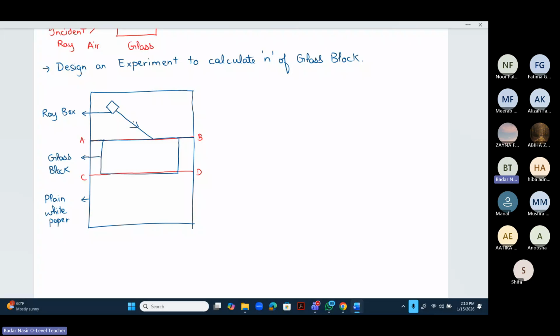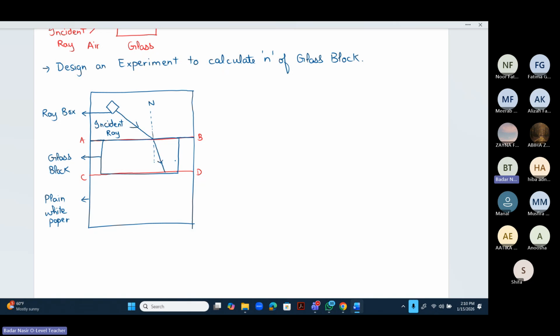अच्छा, जिस पॉइंट पे ये रे इंसिडेंट होगी ग्लास ब्लॉक पे, we are going to draw a normal line at that point. So this is a normal line. ठीक है, अब जैसे ये रे ऑफ लाइट इसमें से पास करेगी, तो ये रिफ्रैक्ट होगी.